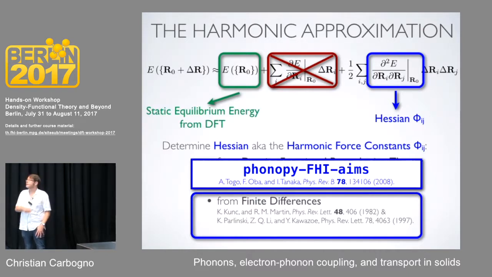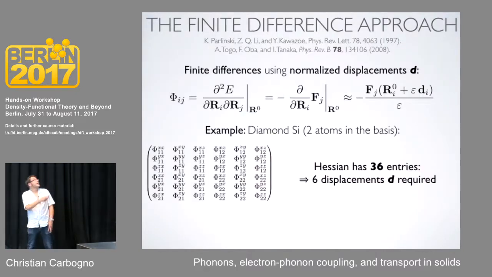Another much simpler and conceptually more intuitive way to calculate this Hessian is finite differences. What does this mean? Essentially, you approximate your Hessian by saying this is the derivative of your forces, and you then just calculate the force for a displaced atom and use this differential quotient to determine that.